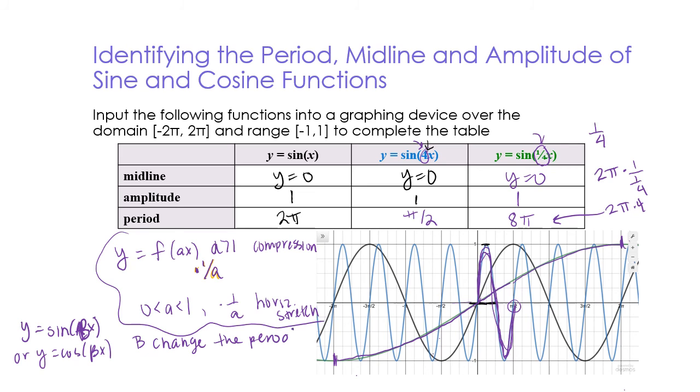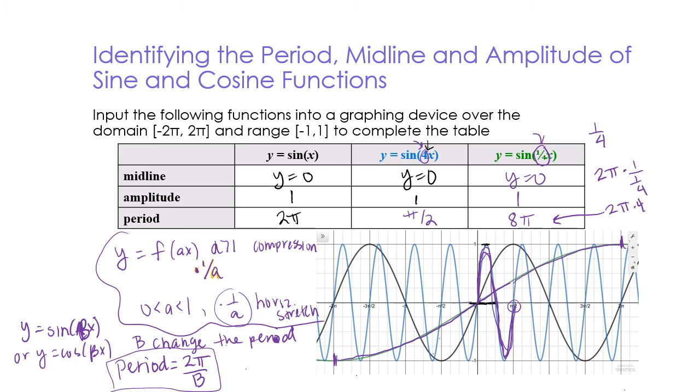So to figure out the new period, the new period equals 2 pi divided by B, which is the same thing as 2 pi times 1/B. This is the formula that you use to find the period.